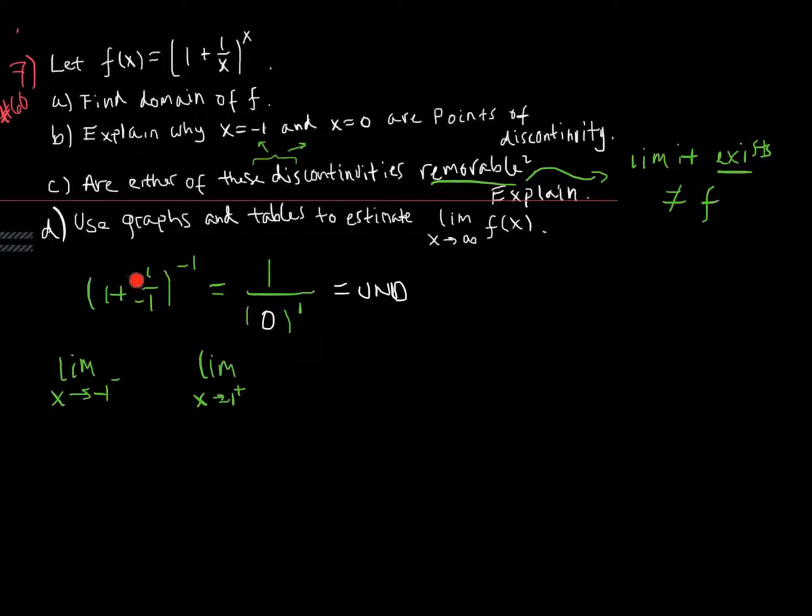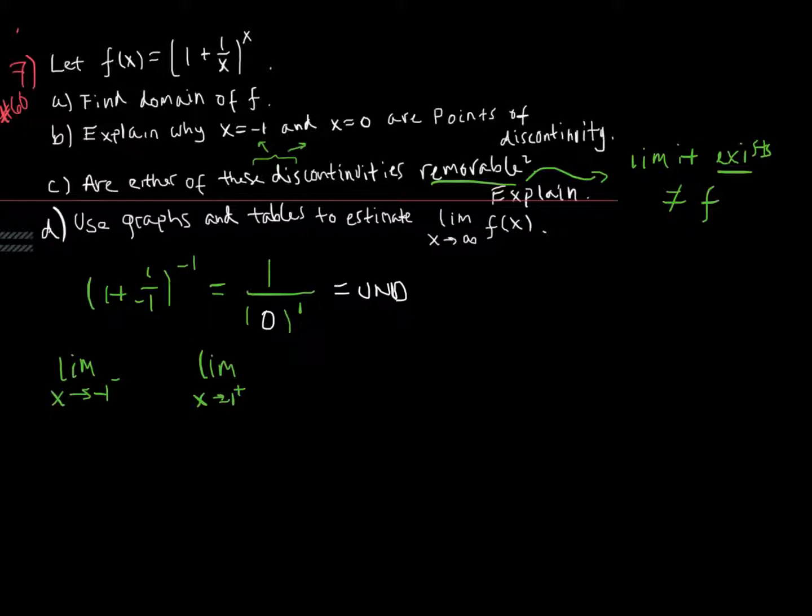Well, that's a value that's less than 1 in absolute value, right? So you're going to end up with a positive value. So as you move from the left side, you're going to be approaching positive infinity. How about as you approach from the right side of -1?